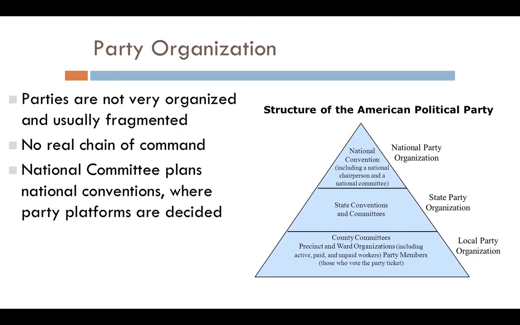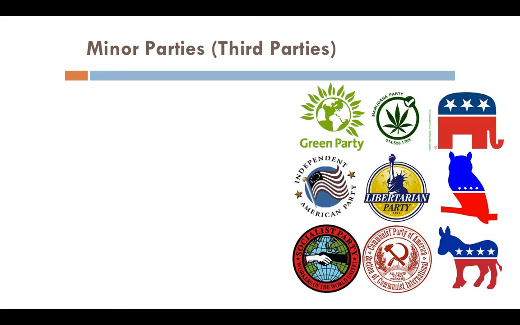So the Democrats won't be split between two individuals, such as a Bernie Sanders and a Joe Biden, but they'll be able to galvanize and unify behind one political candidate.